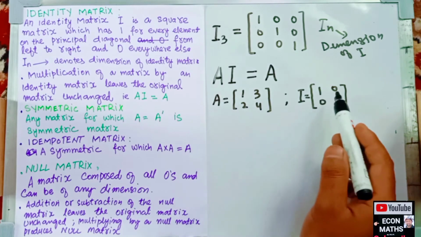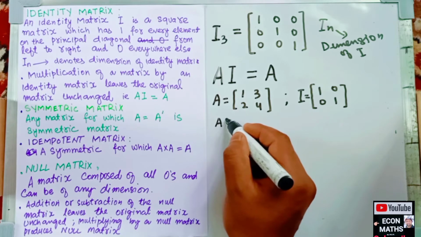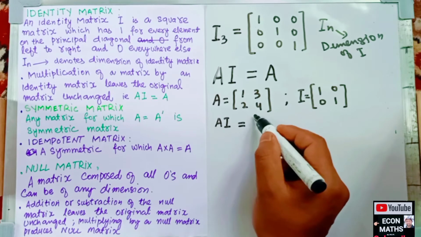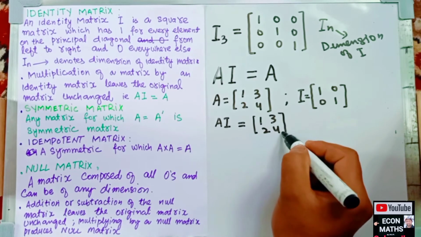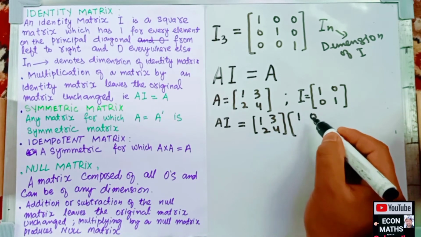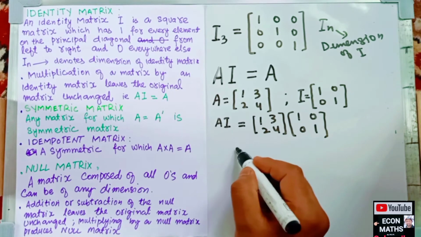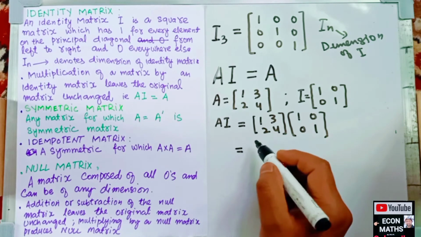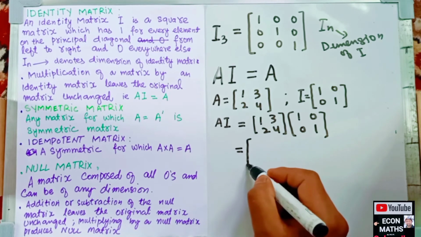Now if we multiply A times I, A is our matrix 1 3 2 4, multiplied by the identity matrix 1 0 0 1. We have covered how to multiply two matrices, so now we will see what result comes out.